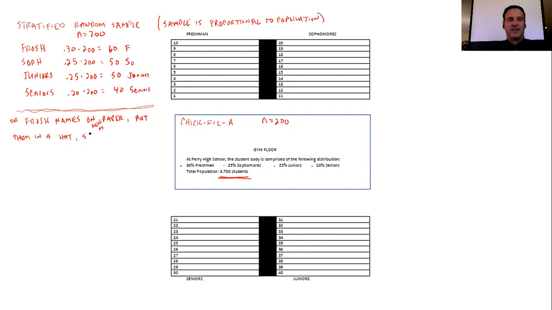Shake it. And then we will pull 60 unique names. When I say unique, what that means is that there are no replacements.